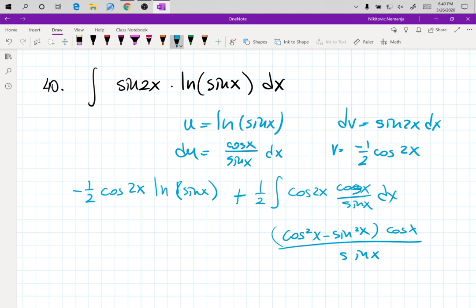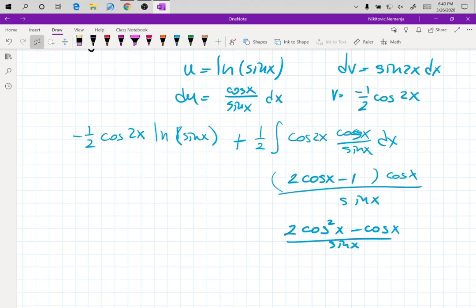Oh, it can be done now, because this sine squared x can also be written as 1 minus cosine squared, so this could be written as 2 cosine squared x minus 1, and that becomes 2 cosine squared x minus 1 times cosine x over sine x, and then you split it and use basic u subs. Yes, it can be done by integration by parts. Wow, it's a lot of mess, but apparently it can be done.